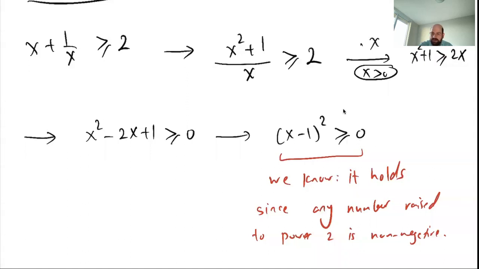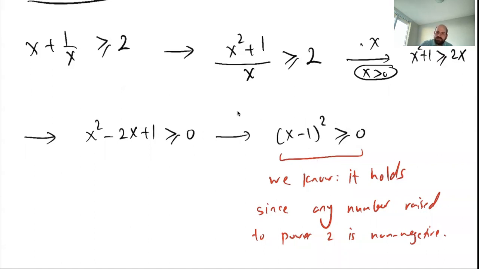Start with what I know is true, then conclude this, then this, then this. So that's why I'm saying that in this step, after you reach a statement that you know is true, you have to check the steps are reversible. Because what we need logically is the opposite direction.